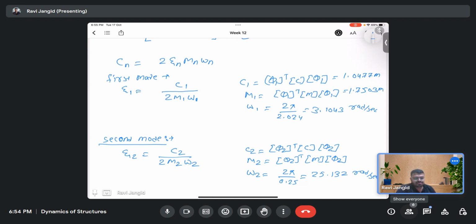Similarly, C2 is coming out 2.7389 M, and M2 is coming out to be 1.075 M. Now using those things, can you give me the damping ratio? You have all three values now. So give me the damping 1 and damping 2 in each mode.